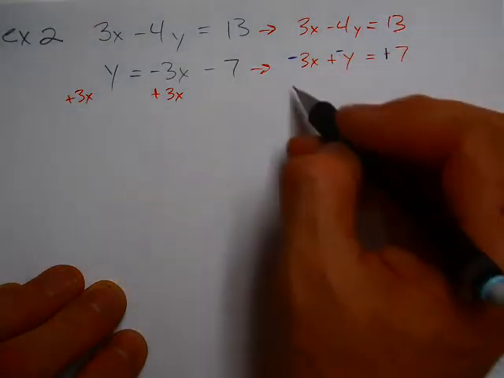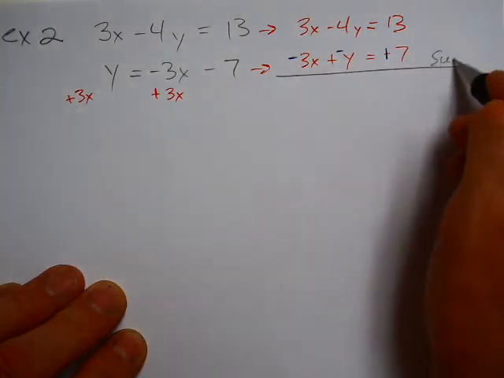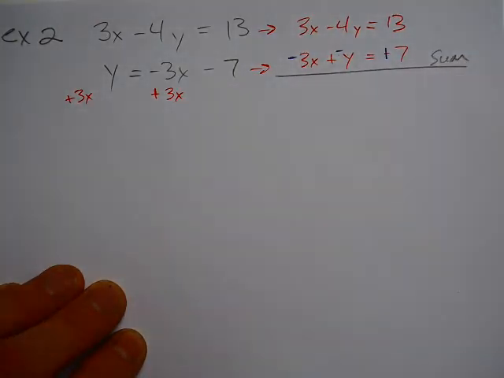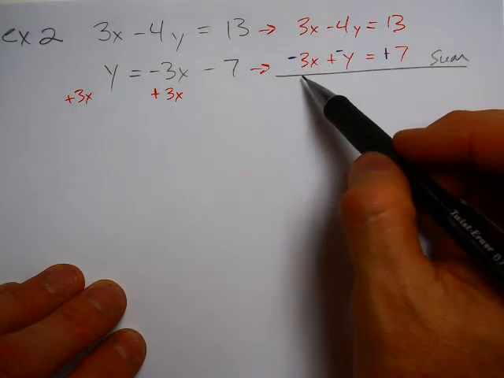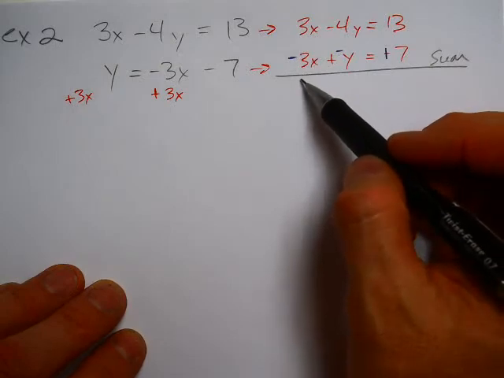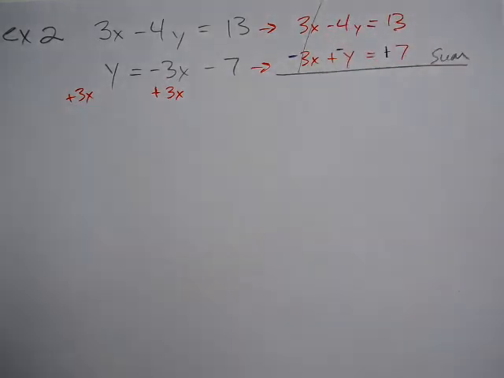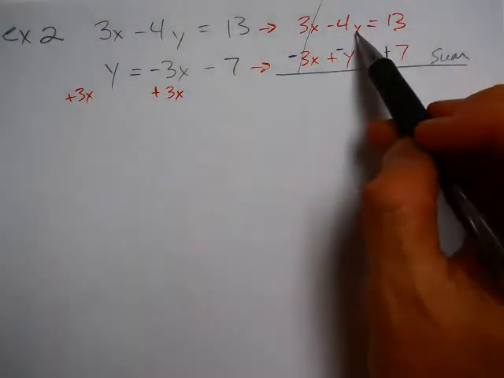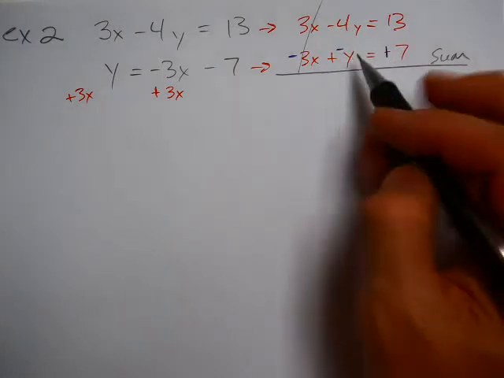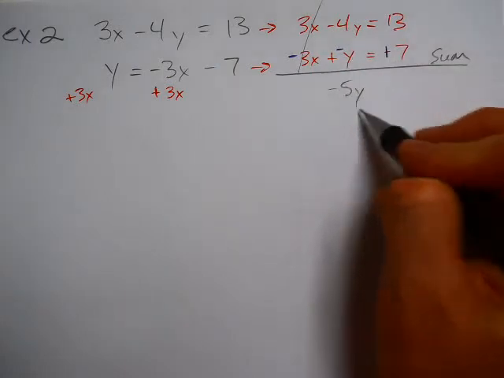Now I can take the sum of these. I'm adding them up. So 3x minus 3x is 0, right? That cancels. We need something to cancel. The x's cancel. Negative 4y minus y would be negative 5y.